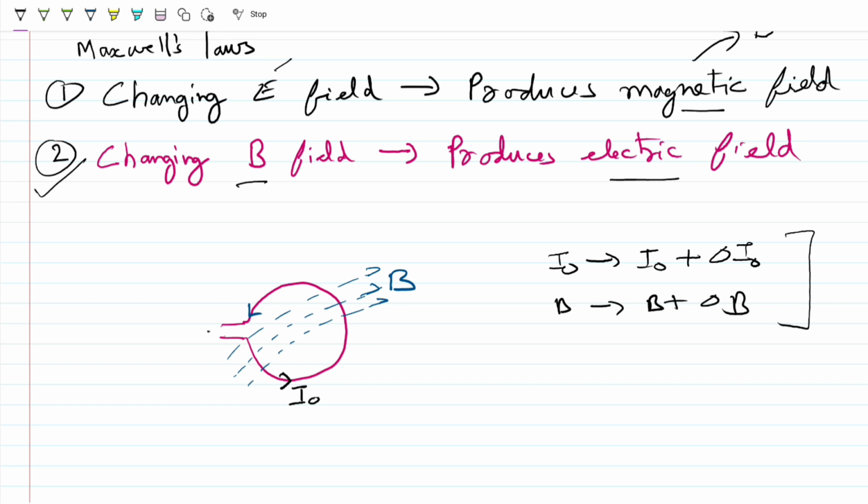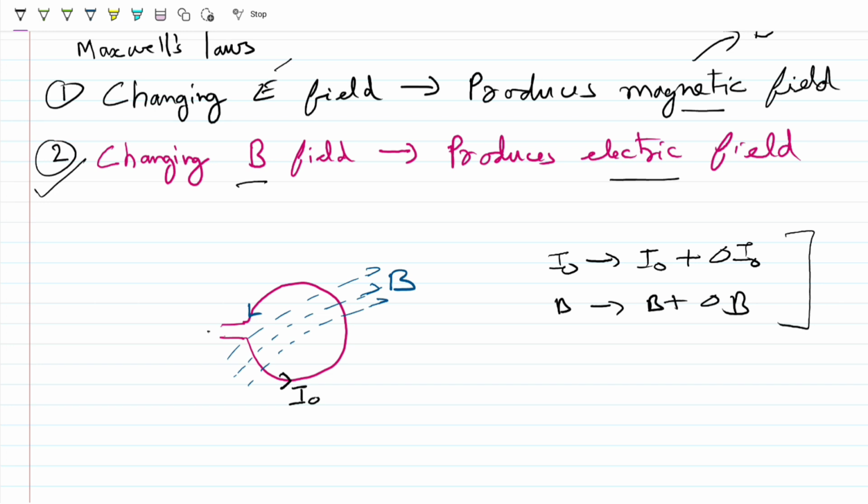Now Maxwell's equations tell us that if the magnetic field changes, it produces an electric field which tries to oppose the change of this magnetic field.